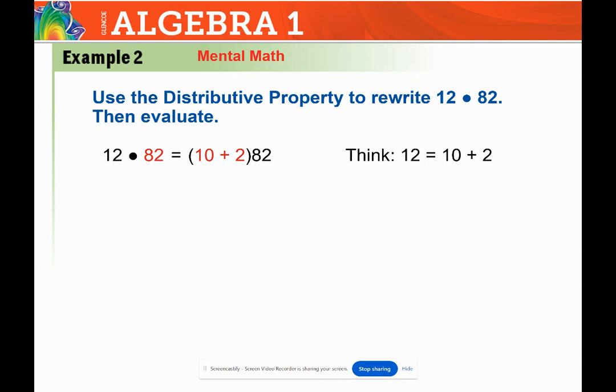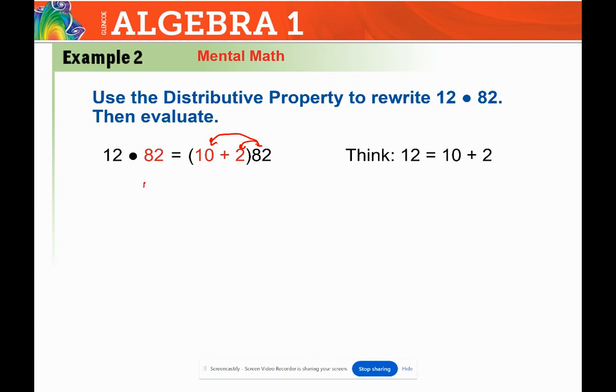So if I break 12 into 10 plus 2, and then multiply by 82, I'm going to distribute that 82 to both. I'm still multiplying 12 times 82, but I am rewriting it as a distribution problem.